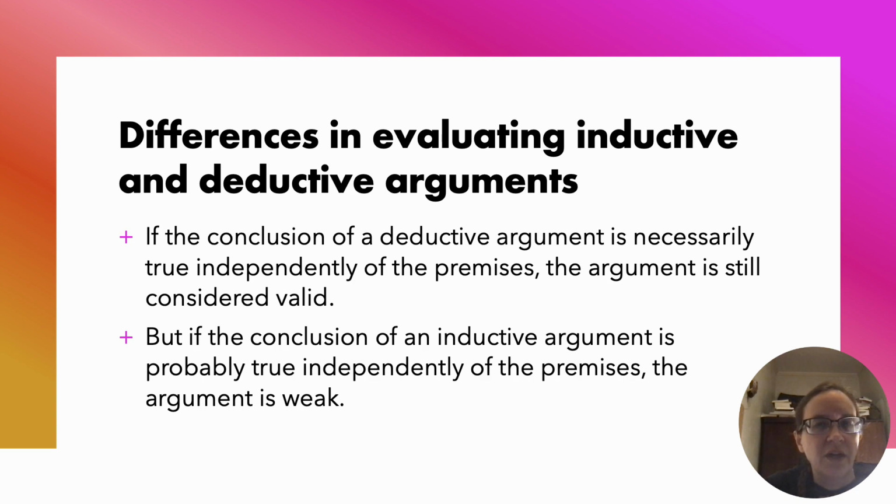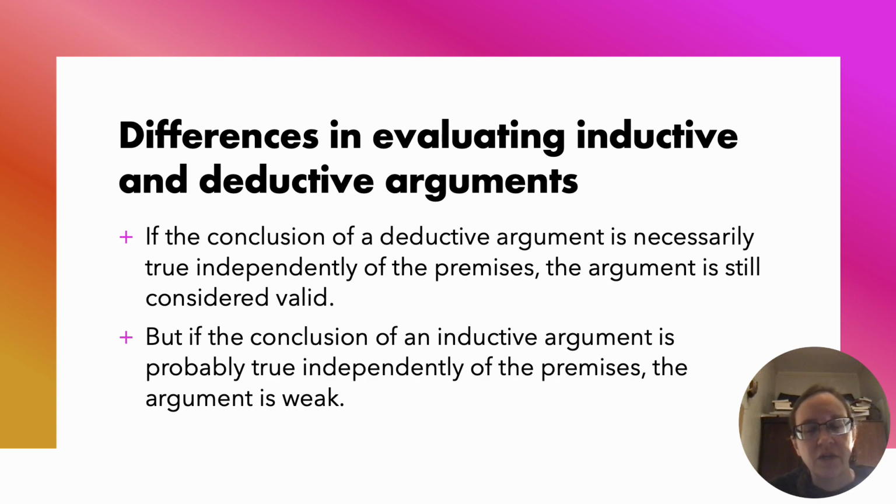Okay, but I guess the point he's trying to make is the second one. If the conclusion of an inductive argument is probably true independent of the premises, the argument is weak. So even if you have a pretty decent conclusion, like George Washington is dead, and then your premises don't really lead to that, that's a bad argument.